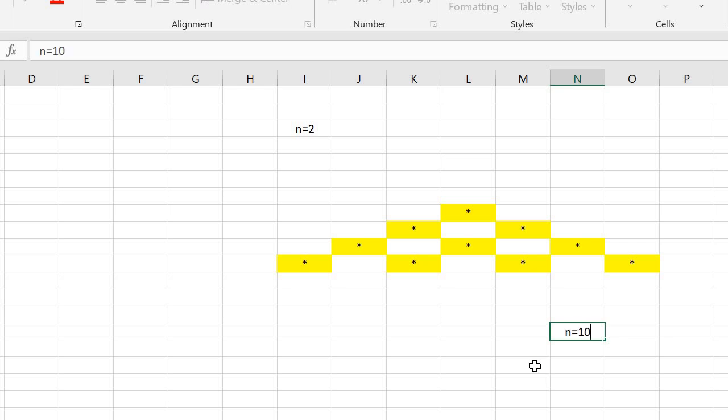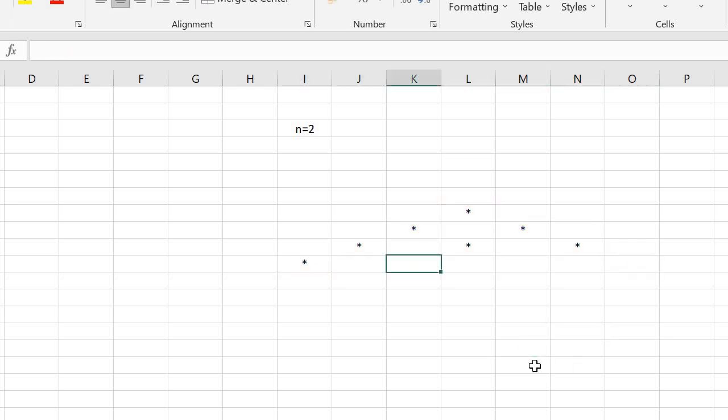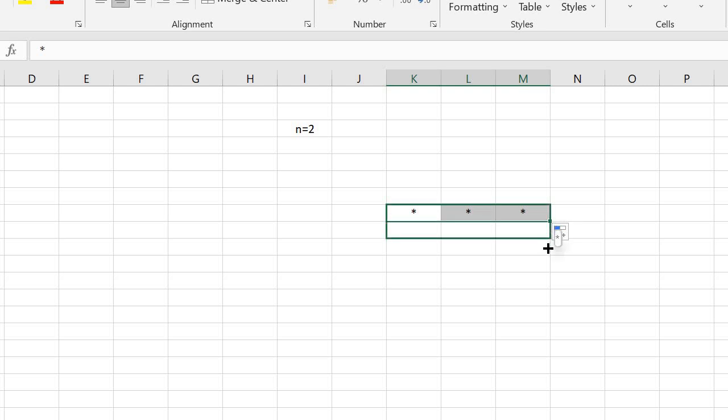Now the second concept: 1, 2, 3, 6, 7, 8, 9.